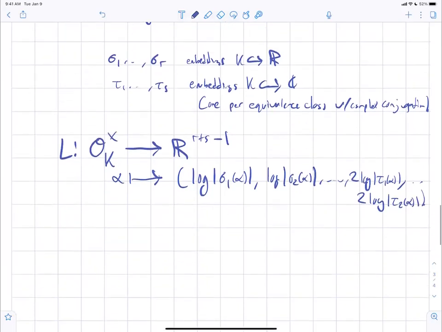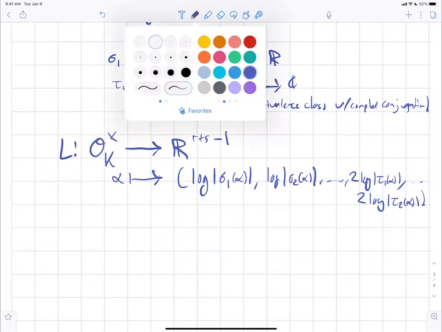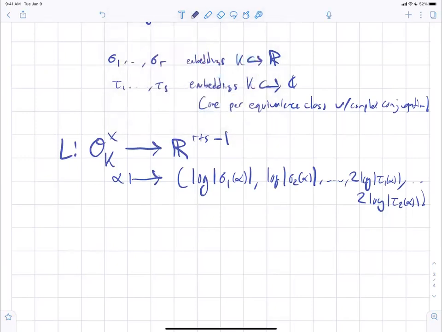Okay, so what do we know? Let's make some observations about this map. This is a homomorphism. O_K cross is a group under multiplication, and the real vector space is a group under its addition law.